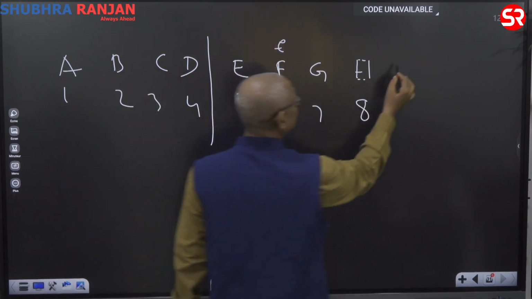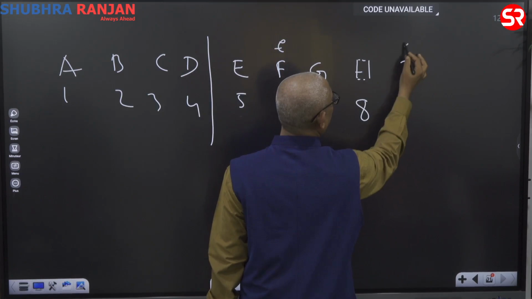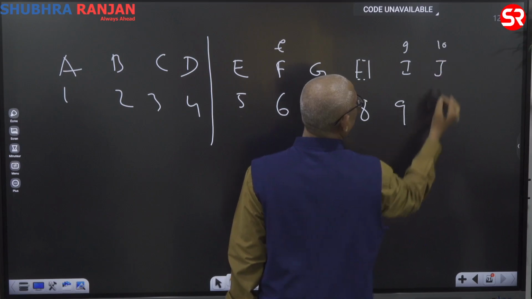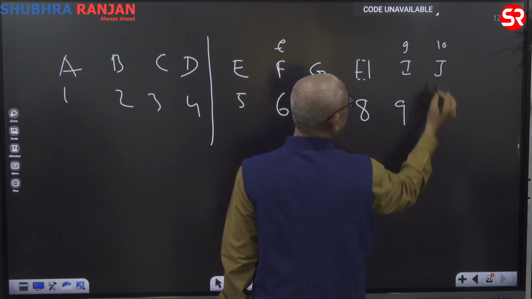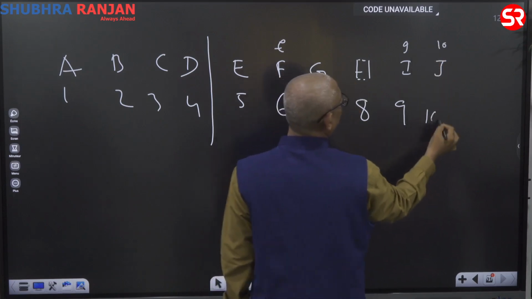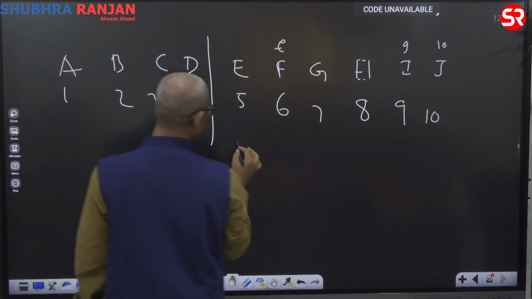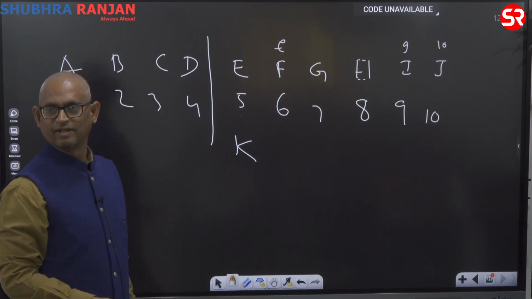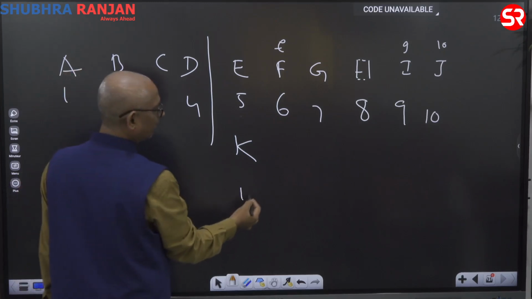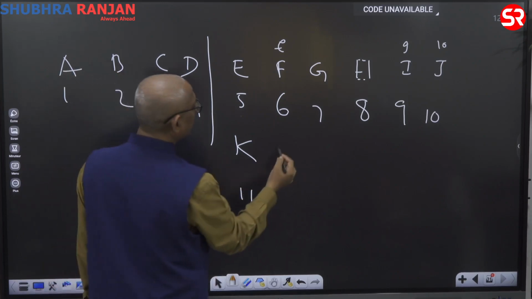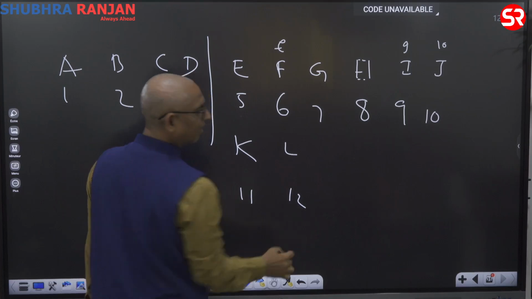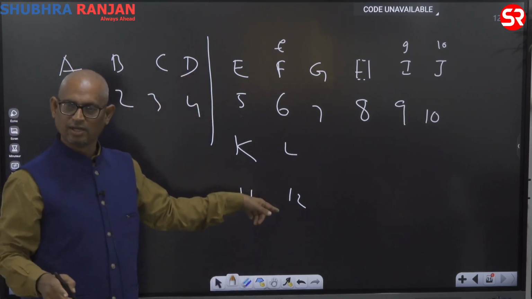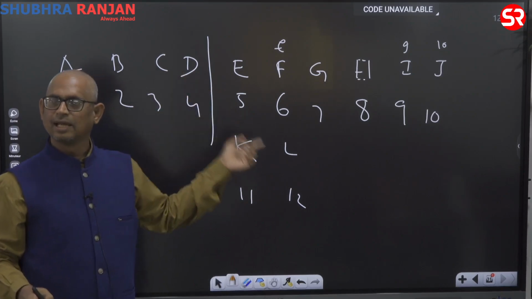Now I. Already we know. That is 9. J. Remember 10. J means remember 10. Okay. Next K. K means Kelvin. Remember Kelvin. K 11. K means what? 11. Next L. L 12. Remember the sound. L, 12.